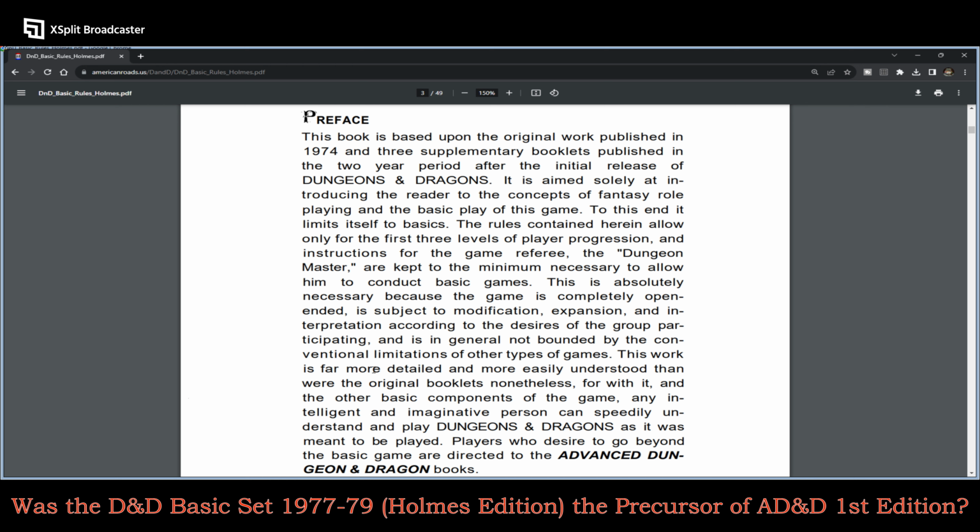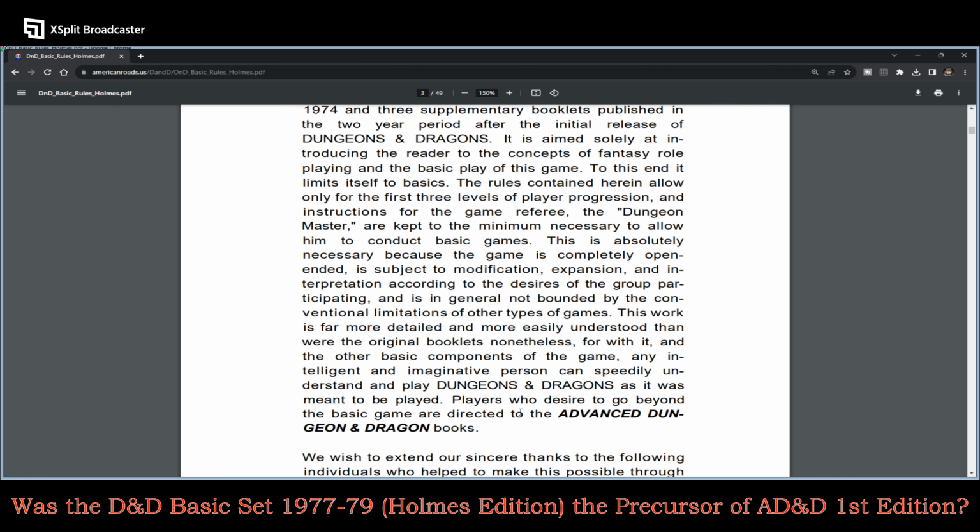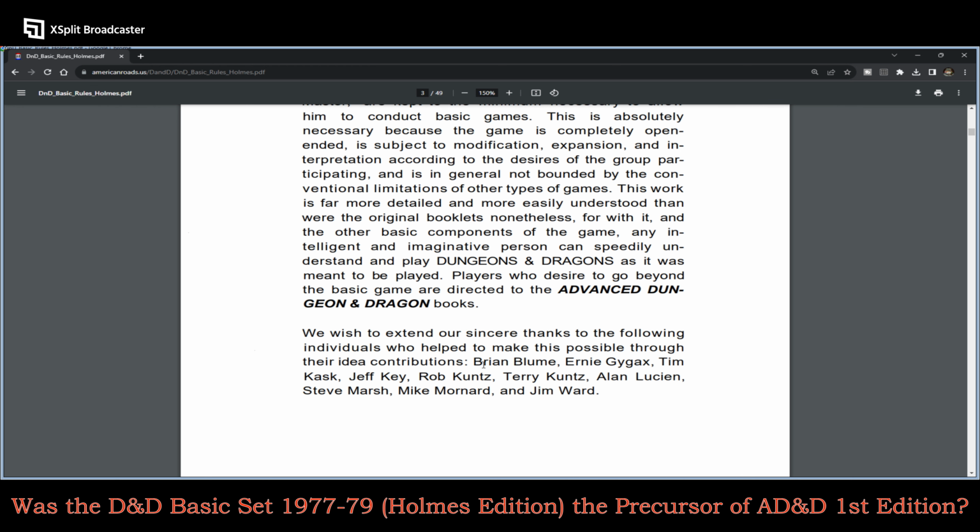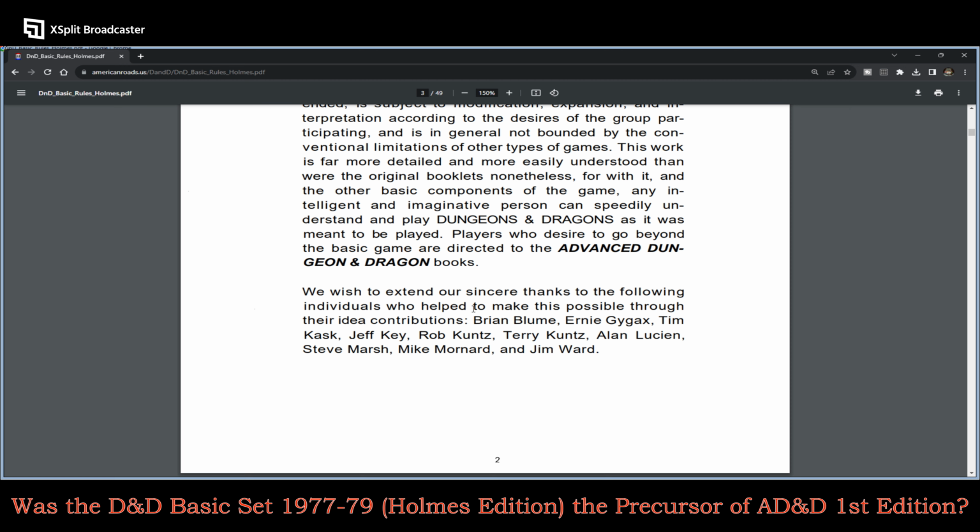The work is far more detailed and more easily understood than were the original rulebooks nonetheless, for with it and the other basic components of the game, any intelligent and imaginative person can speedily understand and play Dungeons and Dragons as it was meant to be played. Players who desire to go beyond the basic are directed to Advanced Dungeons and Dragons books. All right, and so on.